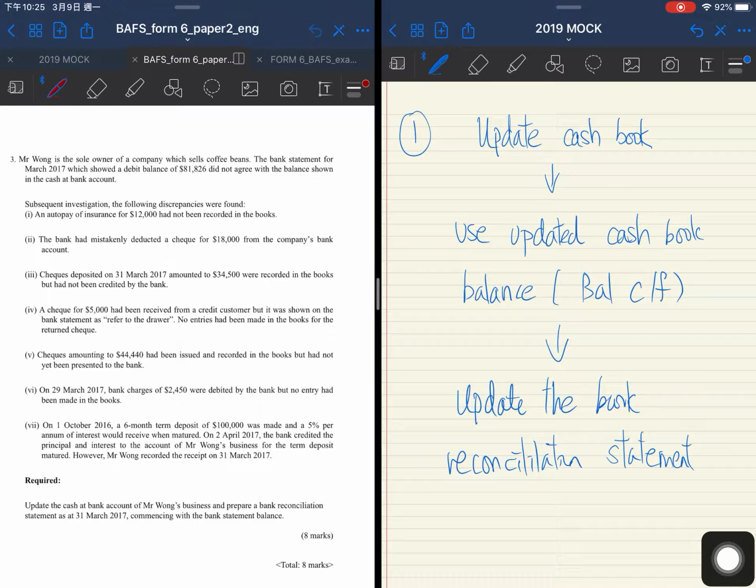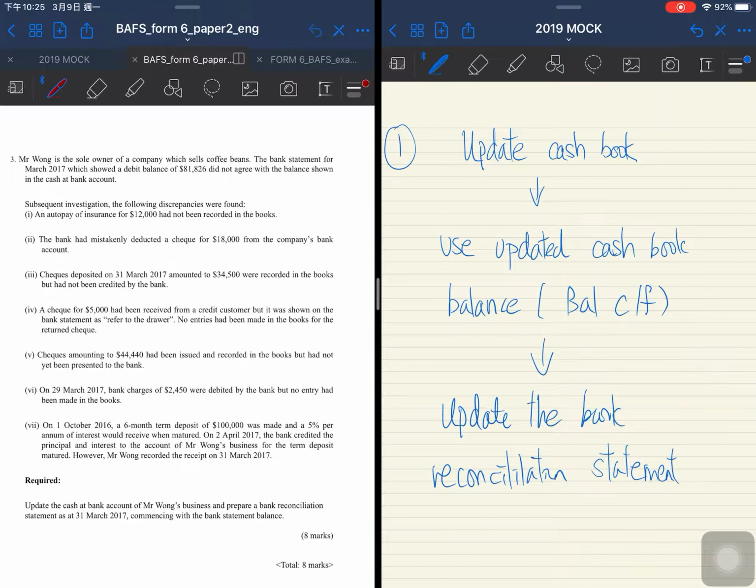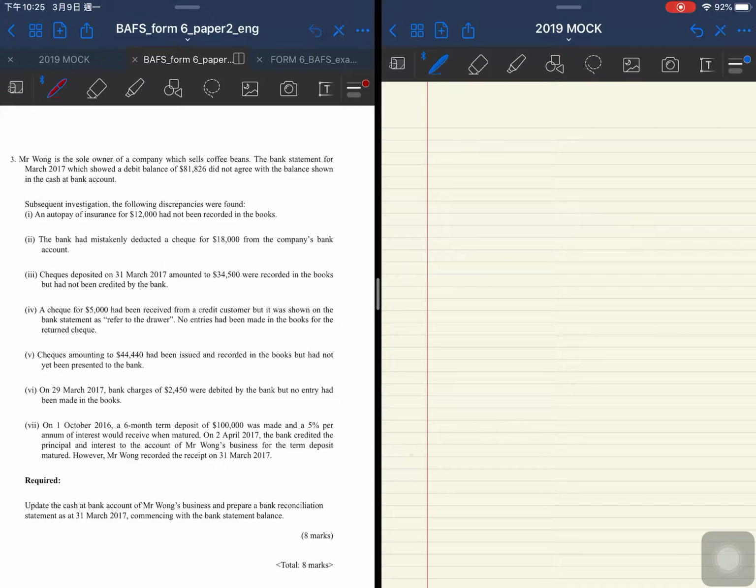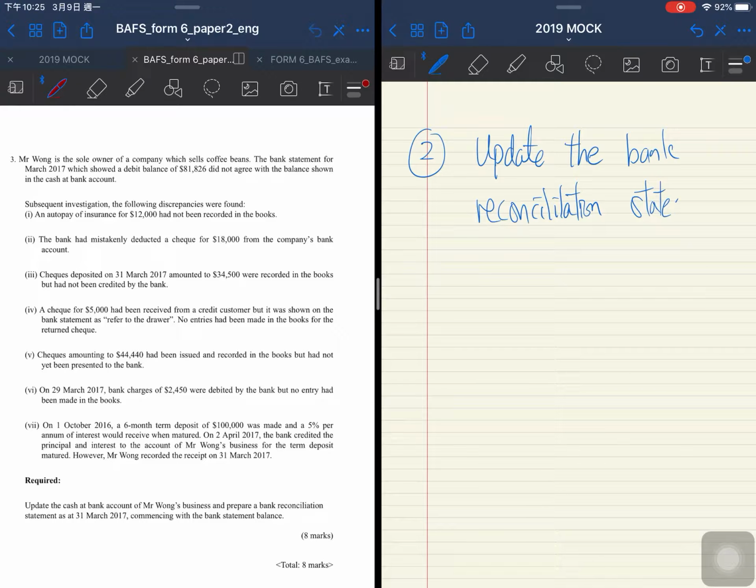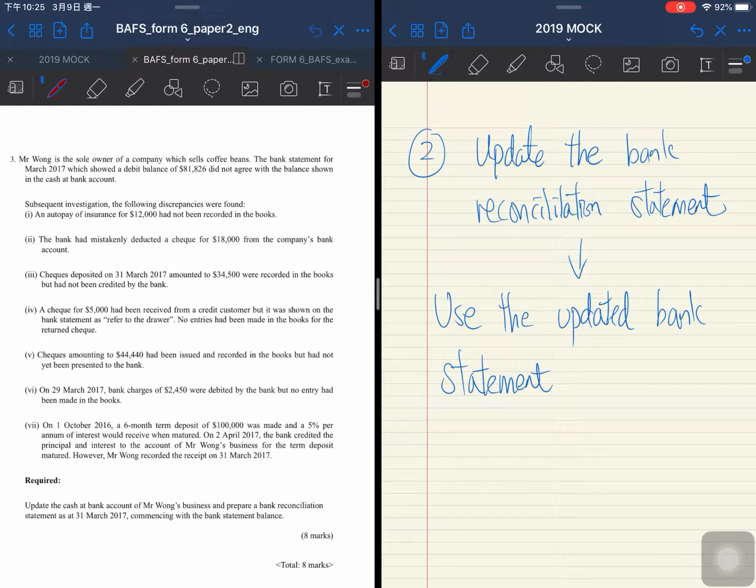So this is the first way, and the second way is to update the bank reconciliation statement and then use the updated bank statement balance to update the cash book.